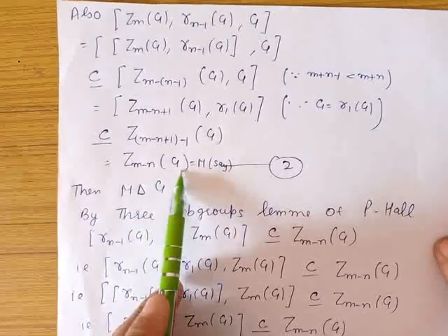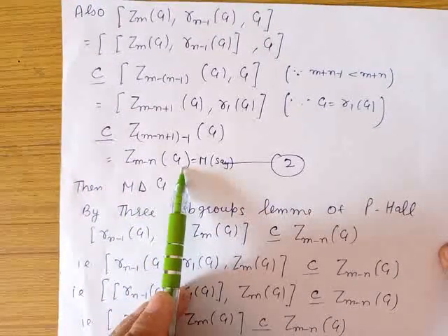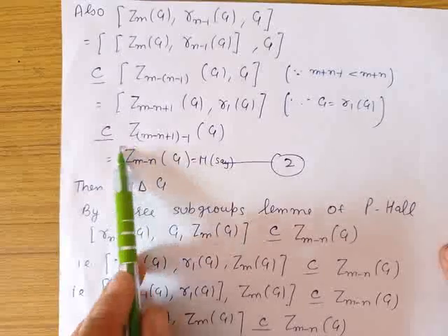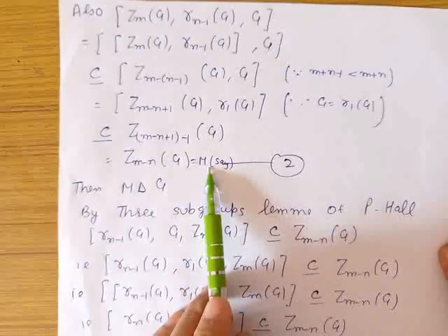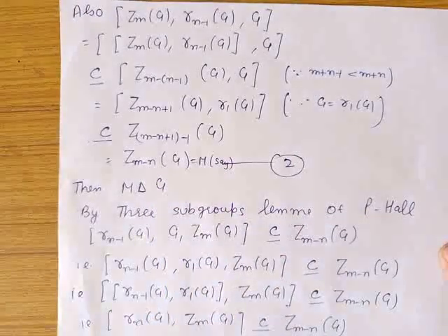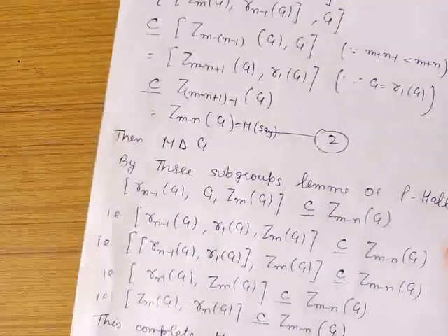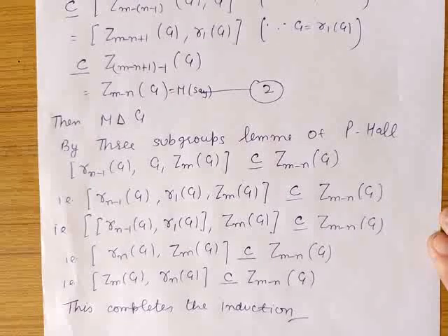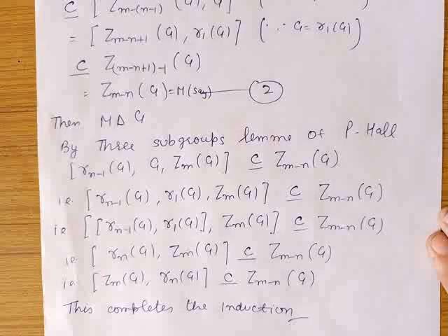So we have proved the commutator of ZmG, gamma n minus 1 G and the group G is contained in Z m minus n G. Now let us denote this subgroup of G by M. All the members of upper central series, they are normal in G. So M is normal in G. So we can apply three subgroups lemma of P Hall.